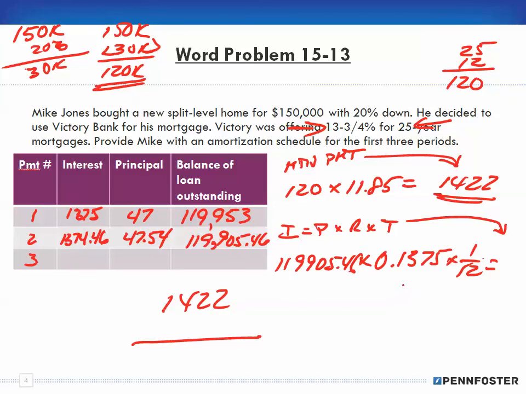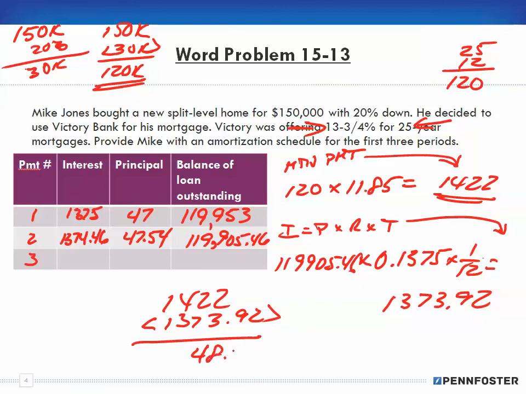That gives us a new interest amount of $1,373.92, which we subtract from the monthly payment, and that gives us a new principal amount of $48.08.